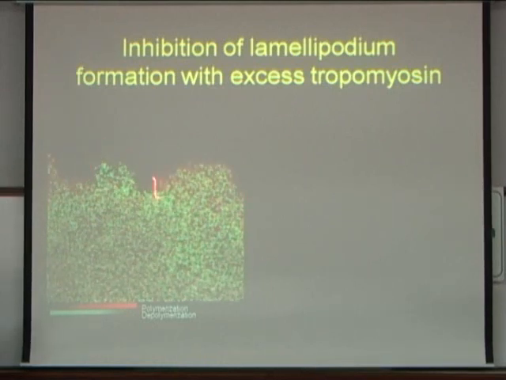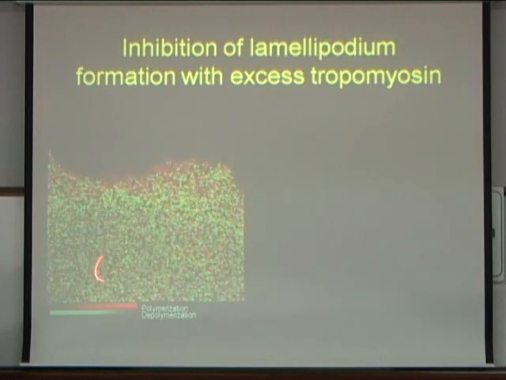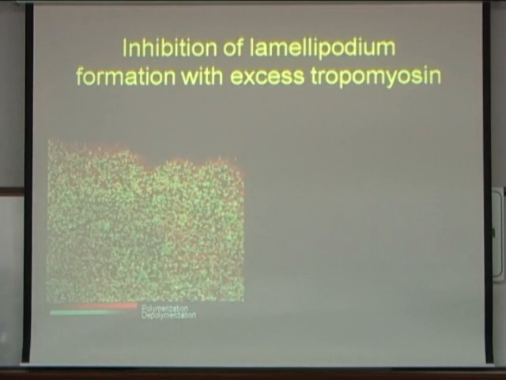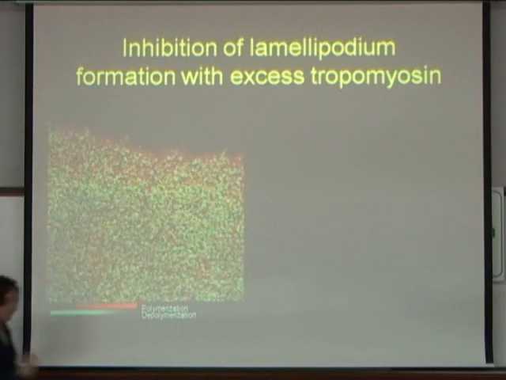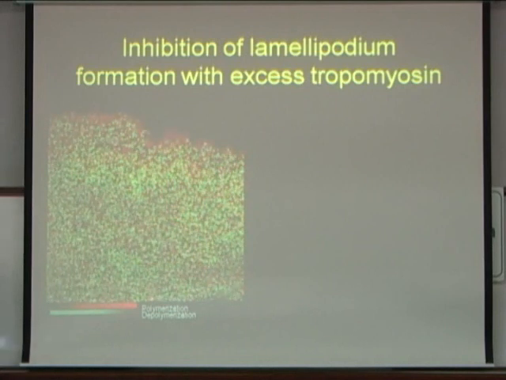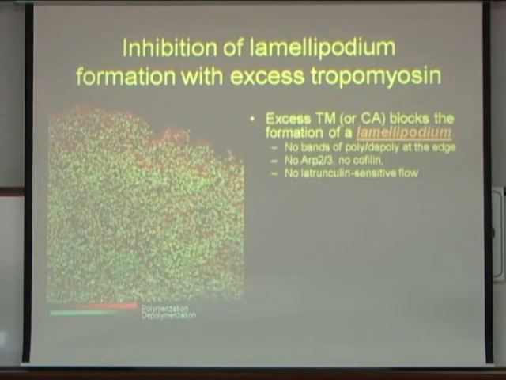Instead of having these bands of assembly and disassembly, so this is a kinetic map with the polymerization and depolymerization being mapped over time, instead of having these tight bands of assembly and disassembly right along the leading edge, it's much more spread out. We don't see the bands of polymerization and depolymerization at the end.